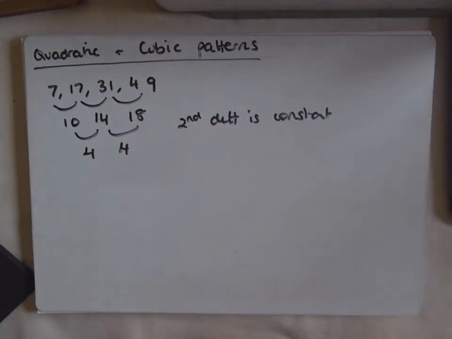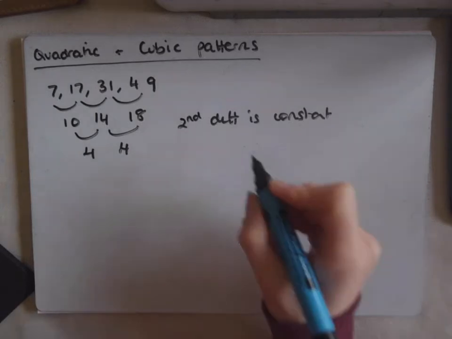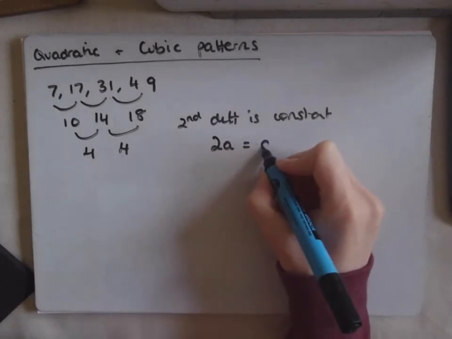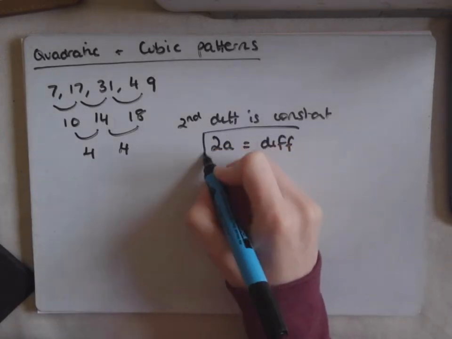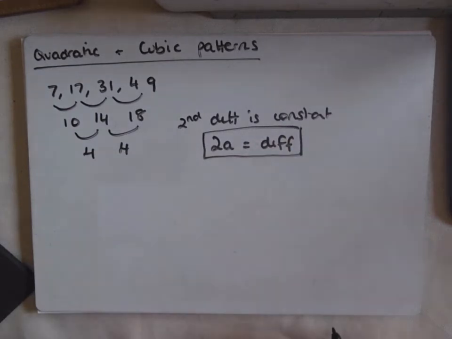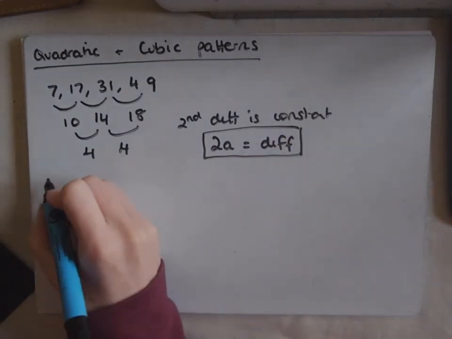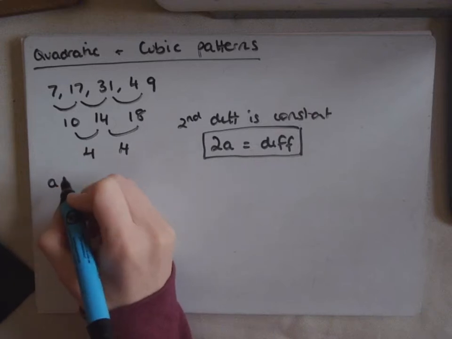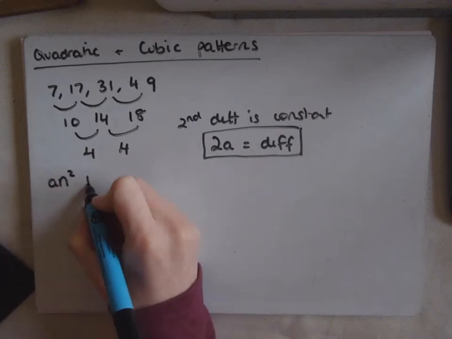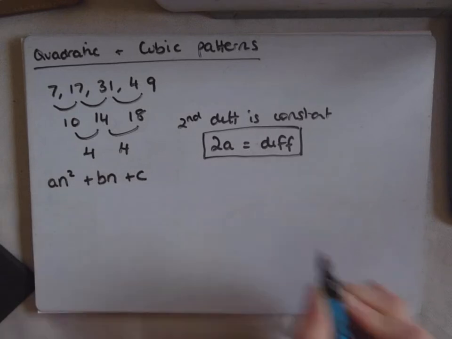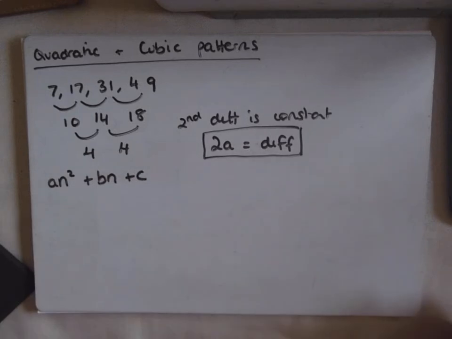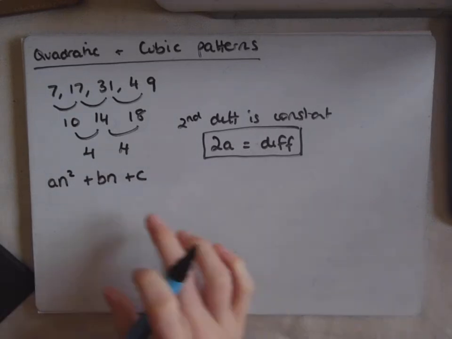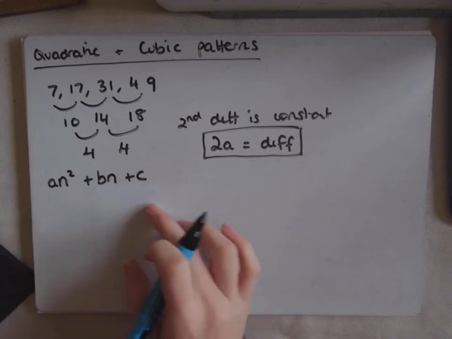And in quadratic you learned something, and it was that 2a equals d. I'm just going to call it difference today. Your quadratics are normally ax squared plus bx plus c. In this case, we're in pattern, so an squared plus bn plus c. It's just like your quadratic formula, but instead of x's you've n's.